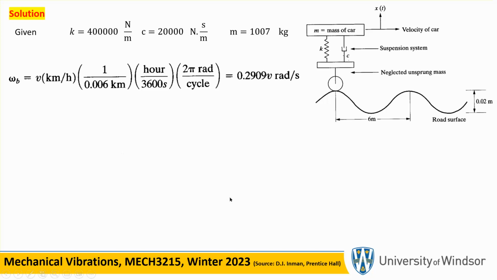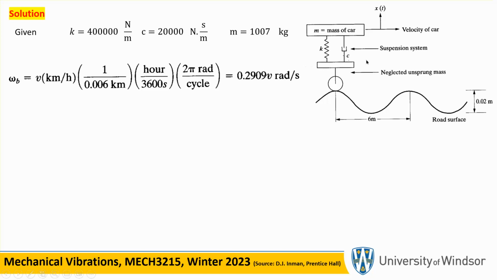So first of all, let's think about this for a second. If the car goes very fast, at high speed, do you agree that this wheel goes up and down very fast? So the frequency of the oscillation of the base increases with increasing velocity.